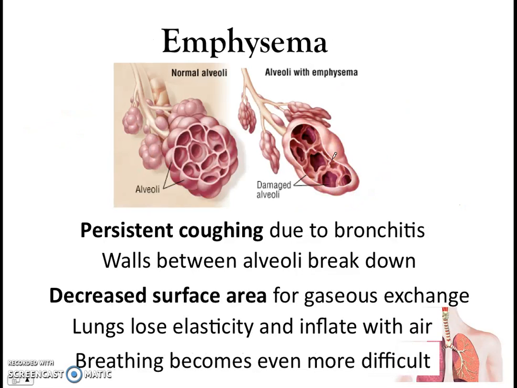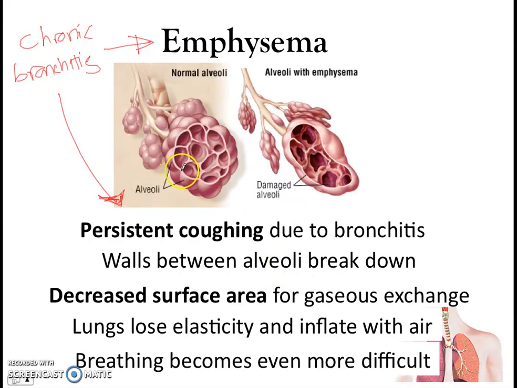Now, over time, if you have chronic bronchitis and you don't treat it, it could develop into emphysema. So in chronic bronchitis, you find it difficult to breathe and you start to cough. Persistent coughing due to bronchitis results in the walls between alveoli breaking down.